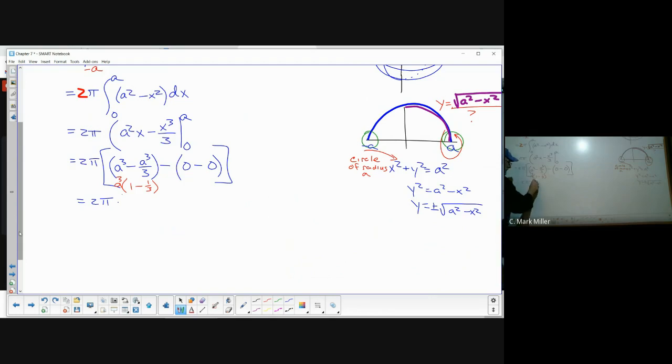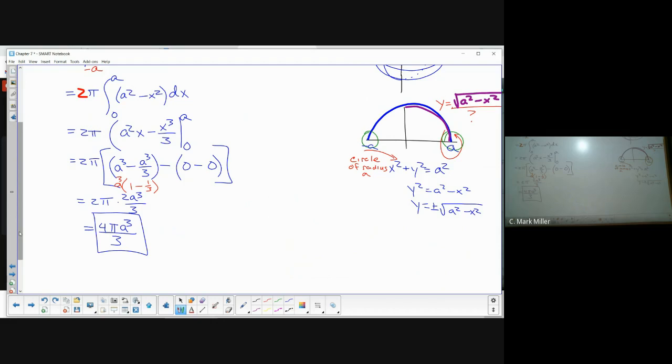So that is 2A cubed over 3. And that equals 4 pi A cubed over 3. And that is the volume of a sphere of radius A. And like I said, we're going to be doing that many other different ways.